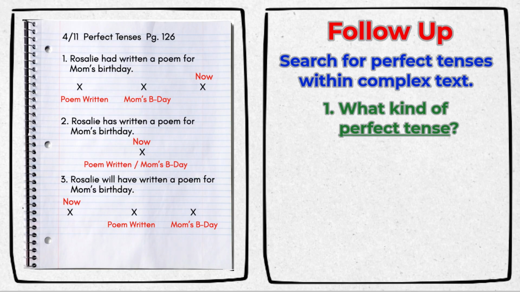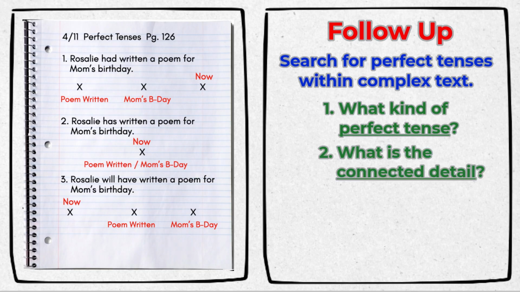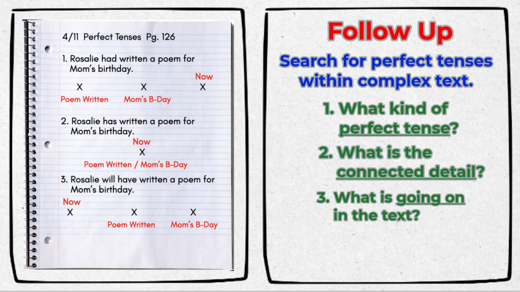Is it a past perfect, present perfect, or future perfect? 2, what is the connected detail that required the perfect tense in the first place? And 3, make the timeline together and ask, how does this help us understand what's going on in the text?